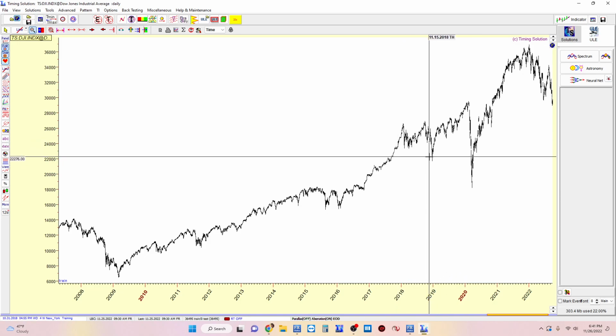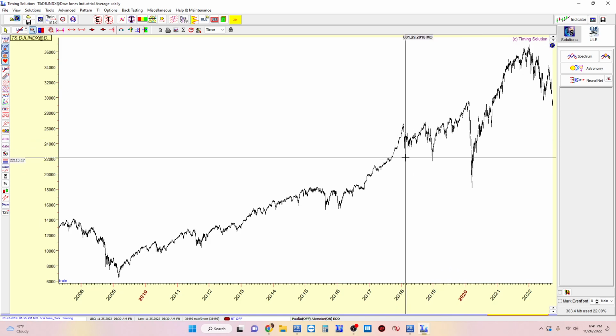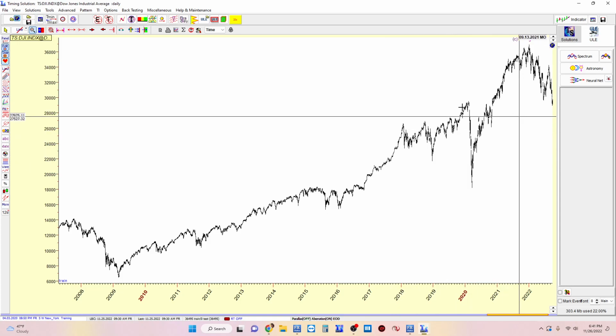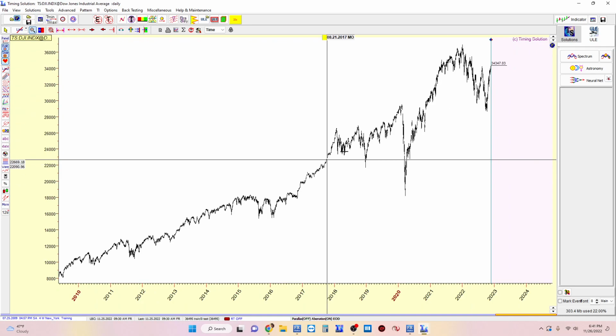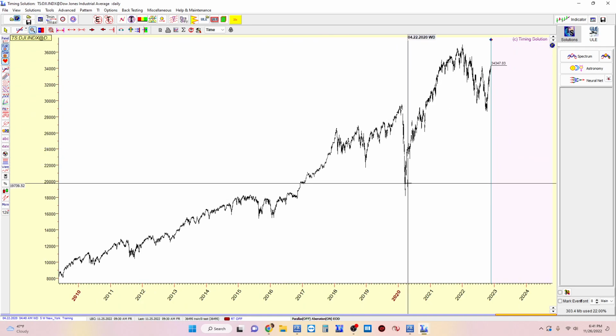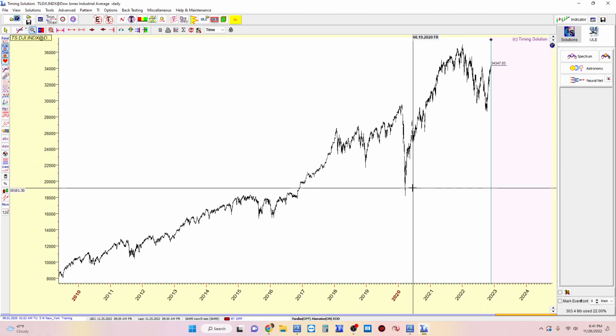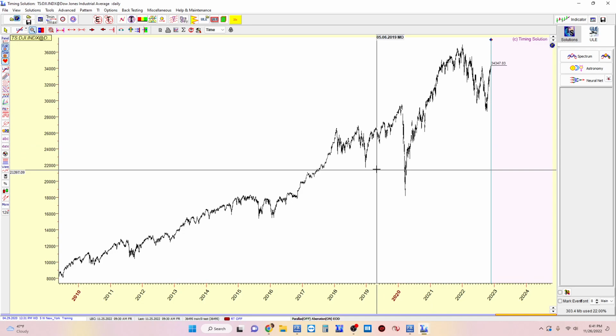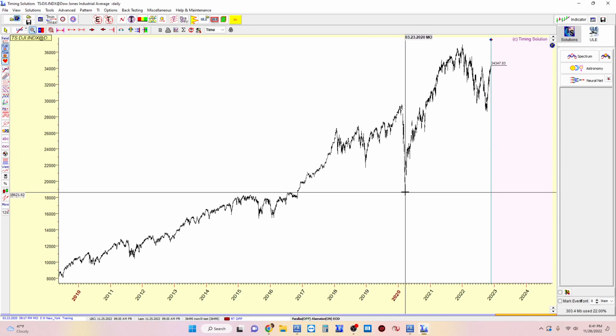It looks like it was 2018, 2019 that we started chopping around. And now we're into the fragility zone. We plunged pretty deep here. The idea is that we'll reach these lows again, and if not exactly at the lows, we got this low and we got this low.